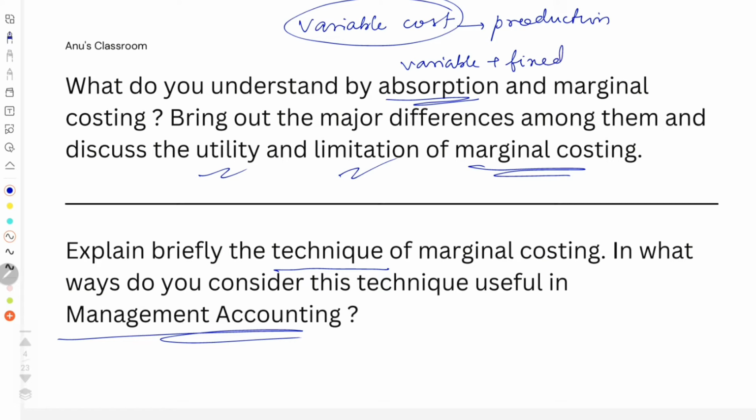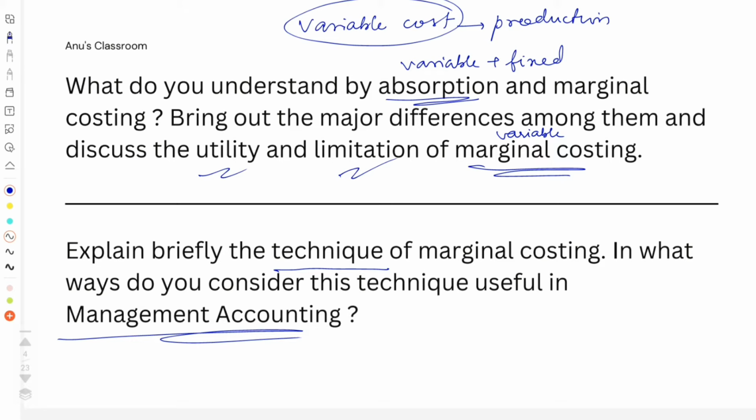So in marginal costing, we only have the variable component, whereas in absorption costing, we have both variable and fixed costs, and indirect costs also of production. So all the different types of costing are included. But one thing that you should keep in mind is that marginal costing is not permitted while we are doing financial reporting, but absorption costing is permitted.